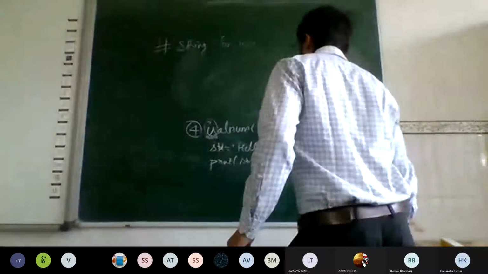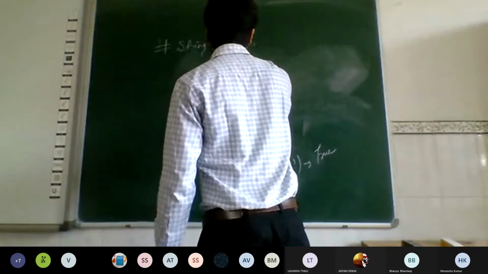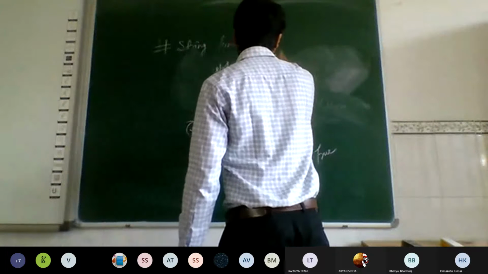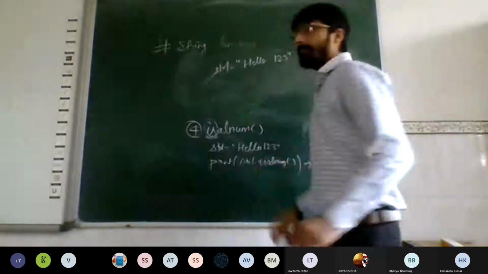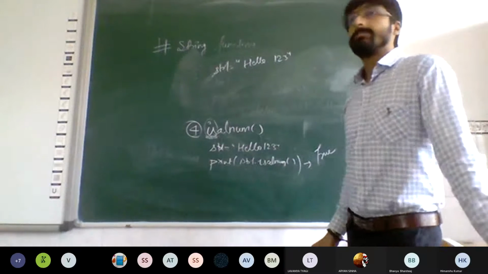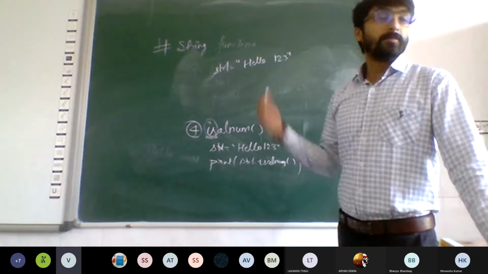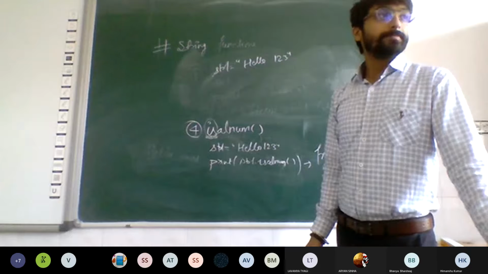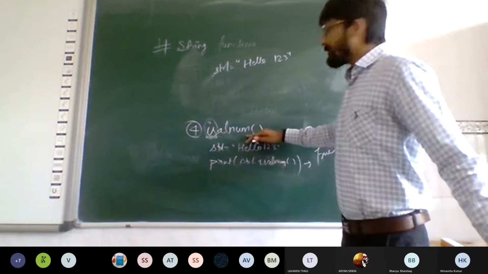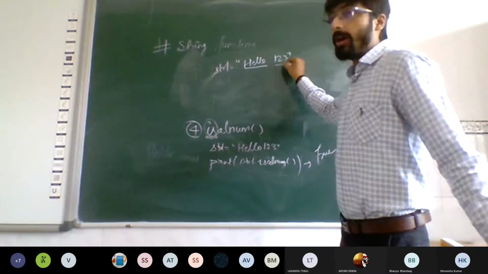What if the string is different, right? So this isalnum function will check whether only alphabets or only digits or both.